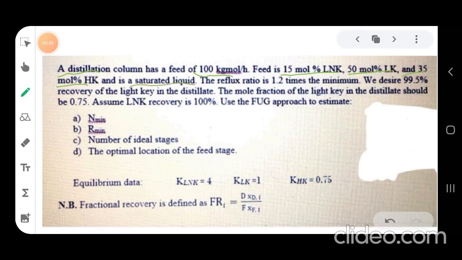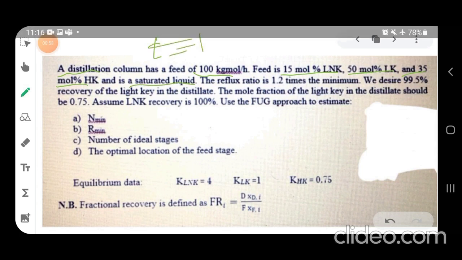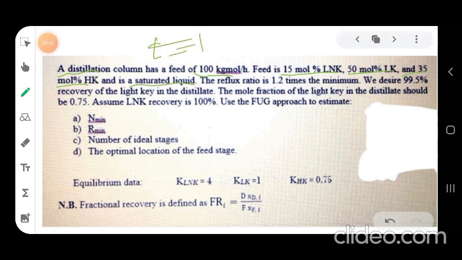And when we see that it's saturated liquid, we need to know that q is equal to 1. The reflux ratio is 1.2 times the minimum, okay? And we desire to have 99.5% recovery of the light key in the distillate, and the mole fraction of the light key in the distillate should be 0.75.